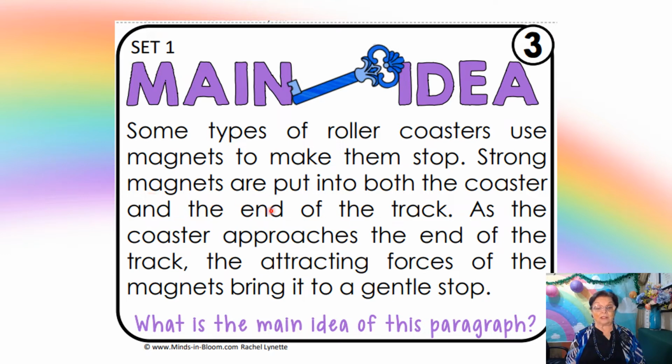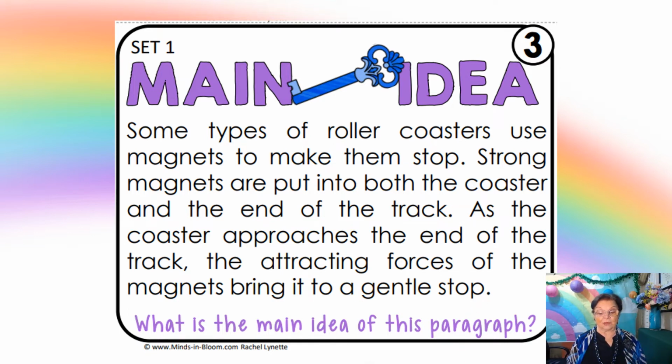Strong magnets are put in both the coaster and the end of the track. So this is still talking about magnets on roller coasters, and it's telling why the magnets help them stop. As the coaster approaches the end of the track, the attracting forces of the magnets bring it to a gentle stop.